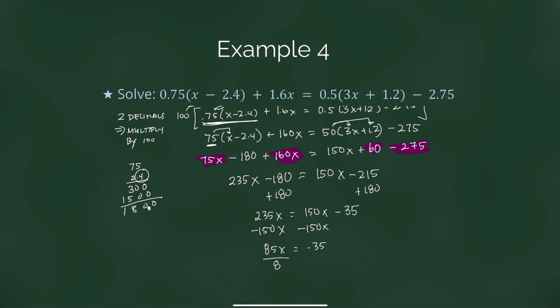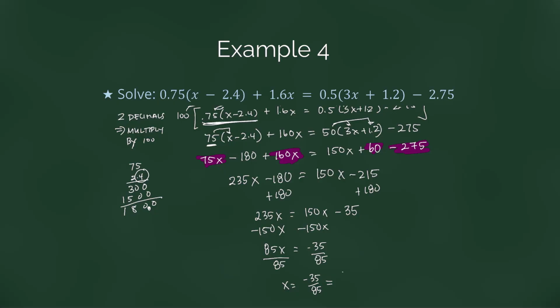Then we're going to divide both sides by 85. So I get negative 35 over 85. We started off this problem using decimals, so we want to end it using decimals. So we're going to divide 35 by 85, which is a very, very ugly looking decimal. So we can either leave it as 35/85, which we can simplify.